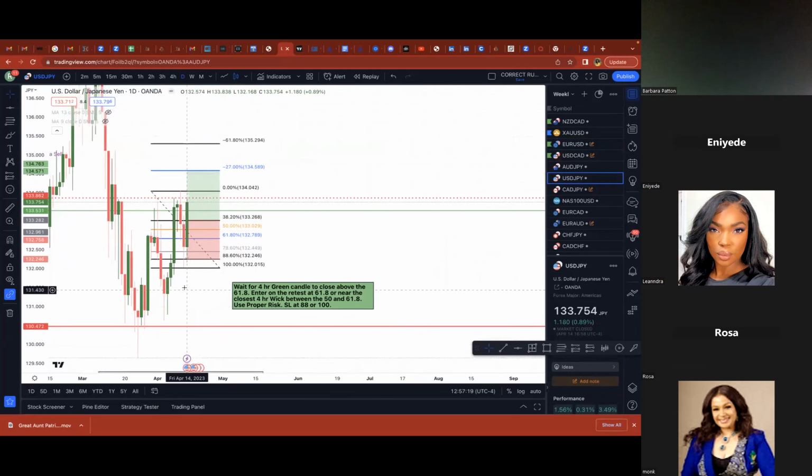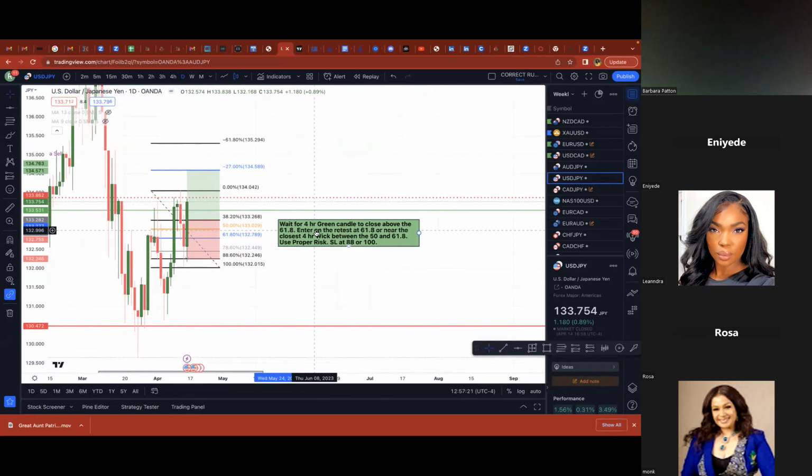So we have impulse, green, green, green, green. Everybody see this? And then retracement, red, red, and then price came up. It closed way above the 61.8, way above the 50%, and closed way up here, almost hitting the 0.